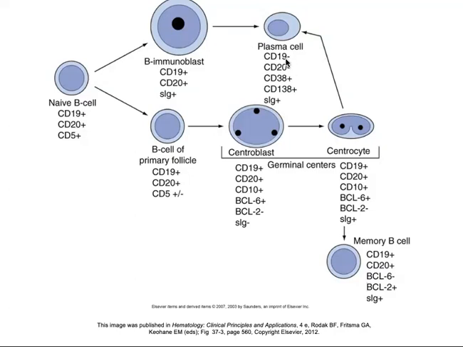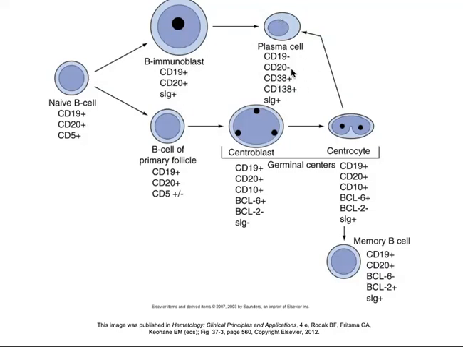So if you see them over here, these CD19, CD20, this would be considered pan B cell markers, right? So if you see the naive B cell has 19 and 20, the B cell blast has 19 and 20.